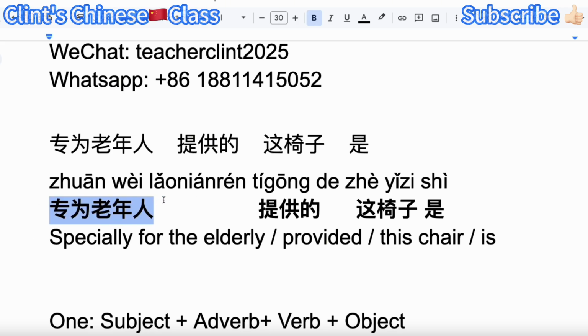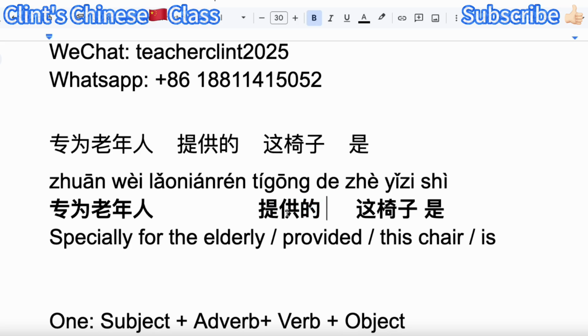Okay, everybody try to figure out the meaning of the sentence. What does the sentence try to say? Later we're gonna construct this sentence. 提供, 提供的, provided. So 提供 is provide.